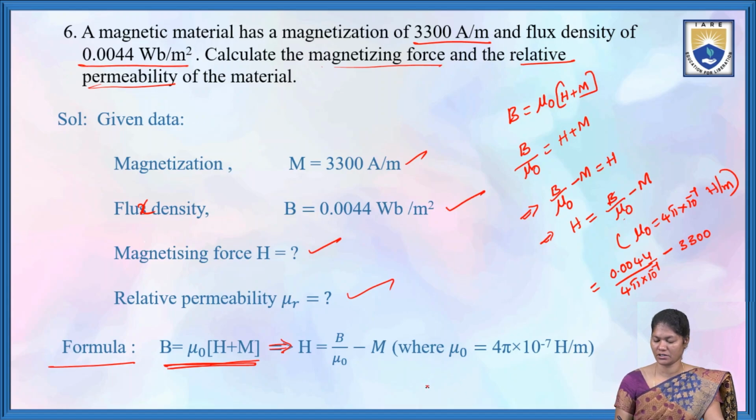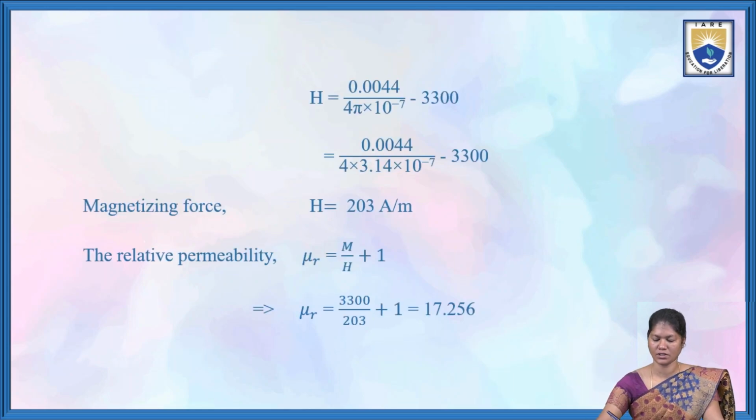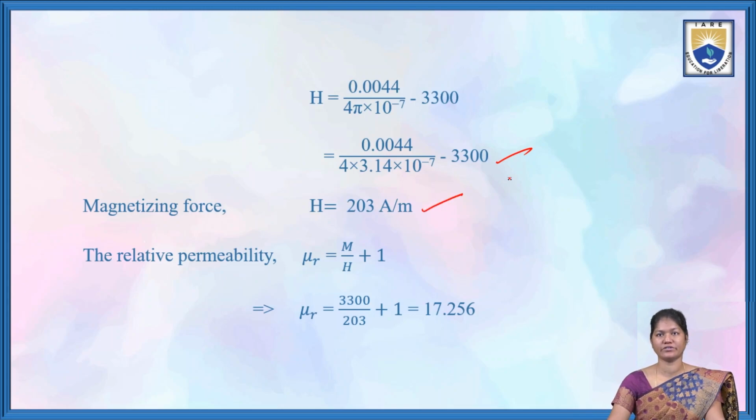That is, 0.0044 divided by 4 into 3.14 into 10 power minus 7, minus 3300.